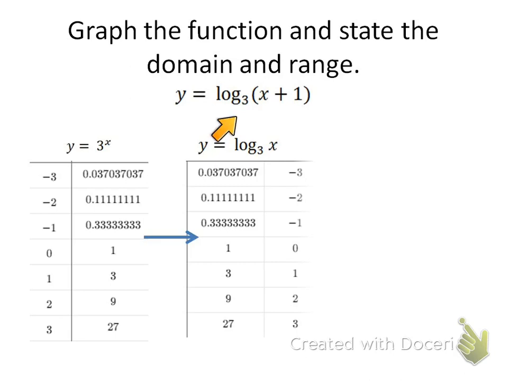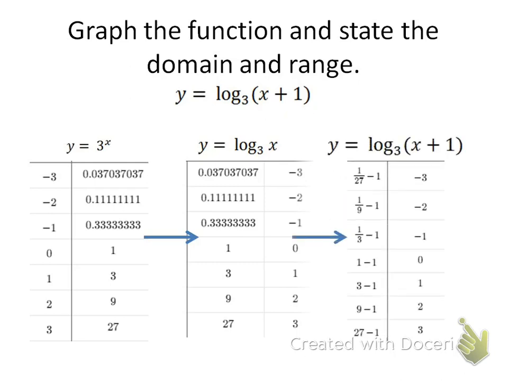When you have an input plus 1 inside, you actually have to take your inputs and subtract 1 to keep those nice integer outputs. So if I'm adding a number within parentheses, I'm going to be subtracting the number from the inputs.